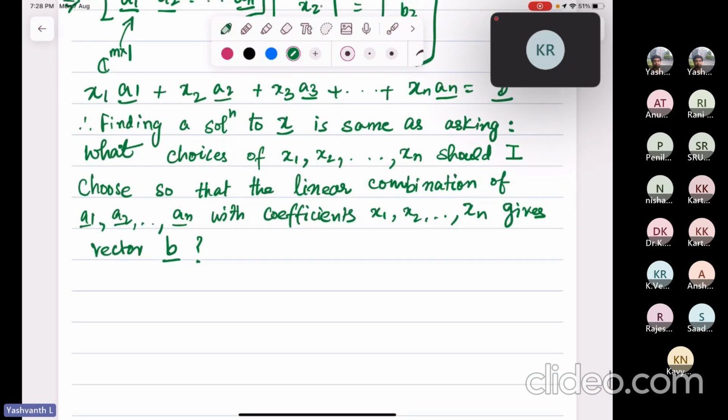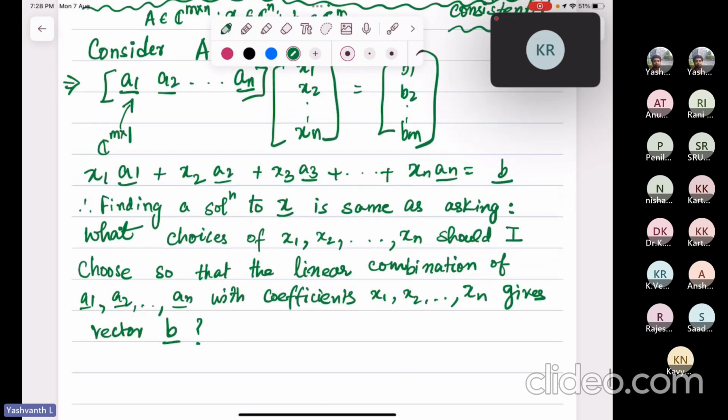So basically what this says is x1 a1 plus x2 a2 and so on till xn an equal to b. That means I'm asking for what choices of the coefficients x1, x2, and so on till xn will the linear combination of the ai's with the corresponding coefficients xi's give the vector b.